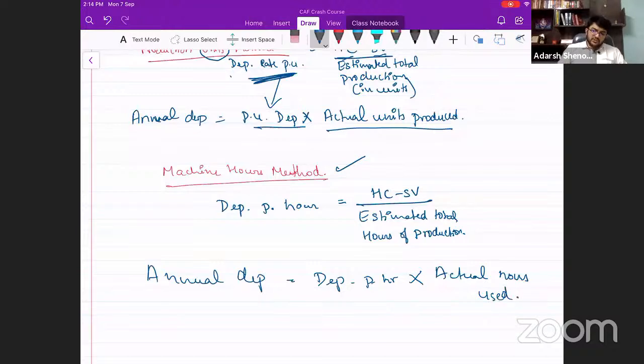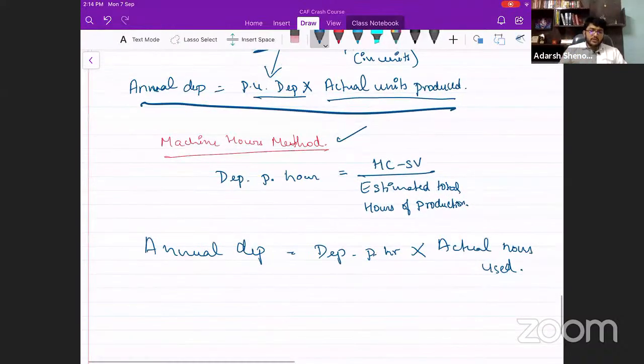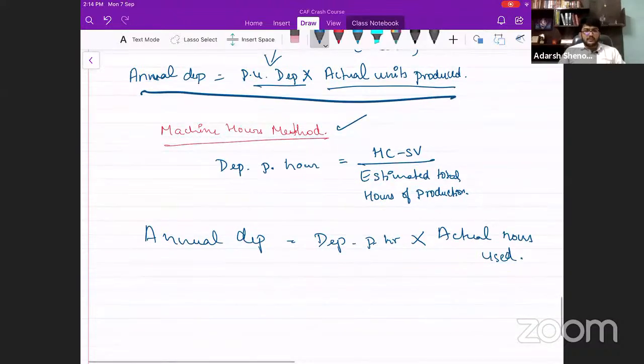Just like the production unit method, where you were multiplying it with the actual units produced, here we are going to multiply it with the actual hours used. So you will get the annual depreciation for a particular year. I hope everyone is comfortable with this. So this is the machine hour method.